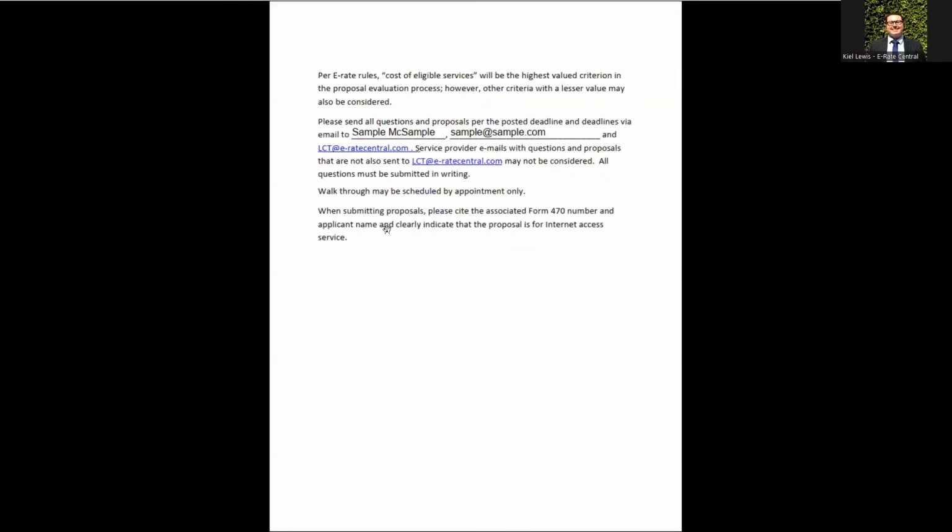Finally, we asked on this service specifications document that service providers submit proposals that cite the Form 470 number and the name of the library, clearly indicating that it's a proposal for internet access service.